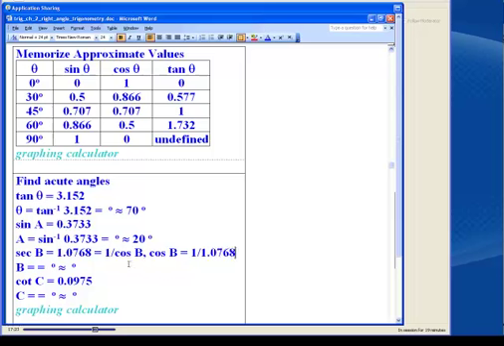And that means that B equals the inverse cosine of 1 over 1.0768. Off the top of my head, 1 divided by 1.07 comes up to roughly 0.9 or so. So we're between 0.866 and 1, so again maybe around 20 degrees or so.